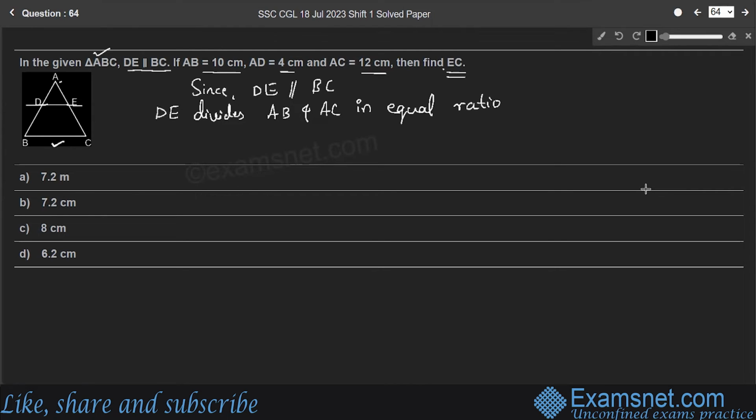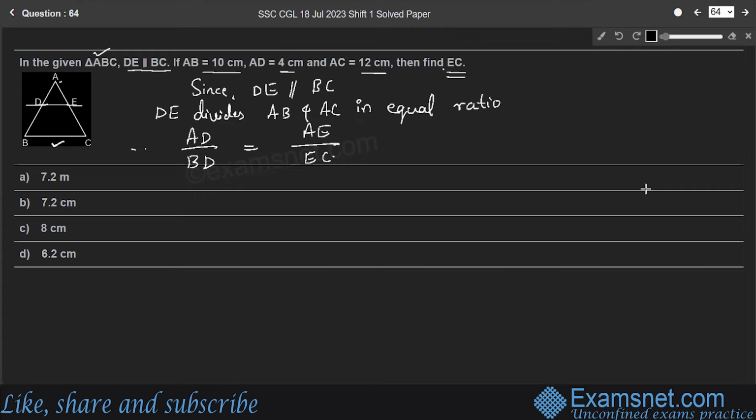That means it divides the other two sides at two distinct points, D and E. Therefore, the ratio AD by BD is equal to AE by EC, right?